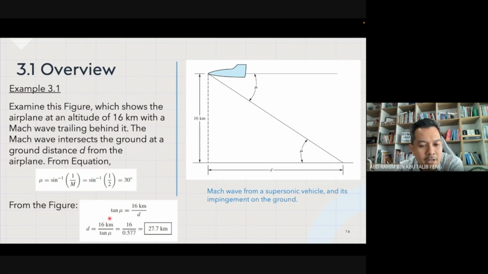And from that figure, you find tangent mu equals 16 kilometers over D, and you solve it, you will get D to be 27.7 kilometers. That's how far the aircraft is from the bystander when it travels at Mach 2, basically 27.7 kilometers.